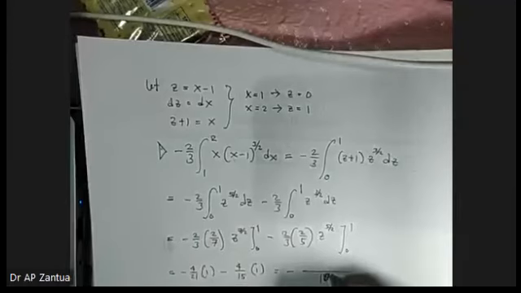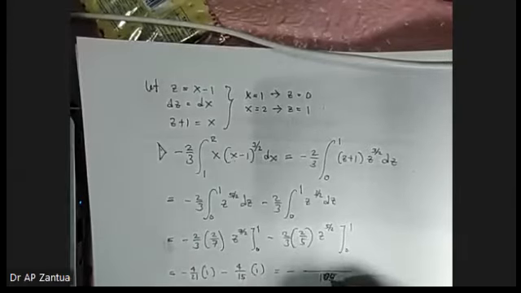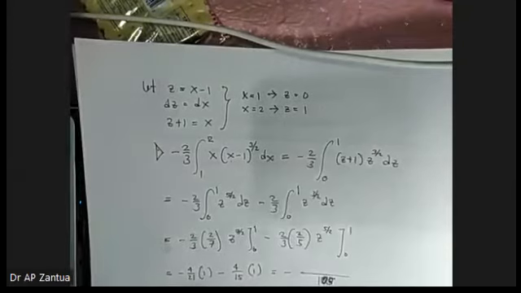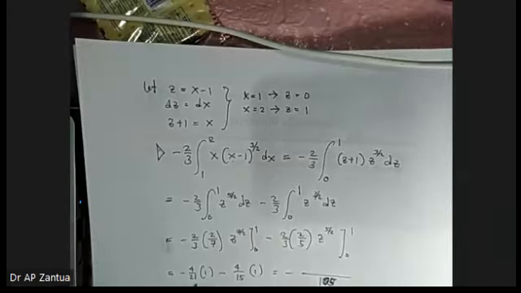The least common denominator is 105. 105 divided by 21 is what? 5.